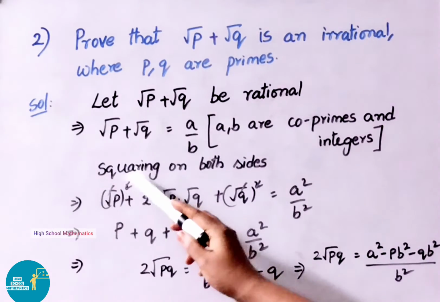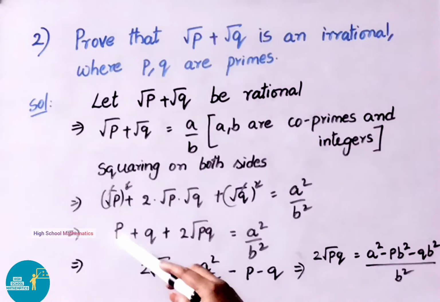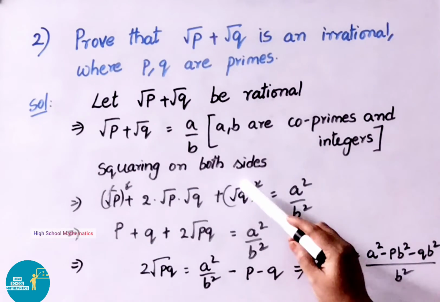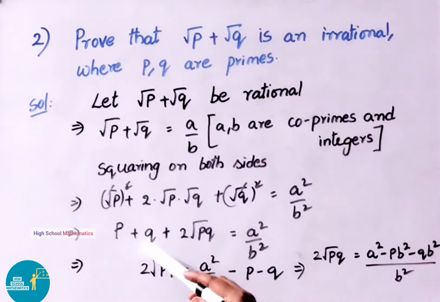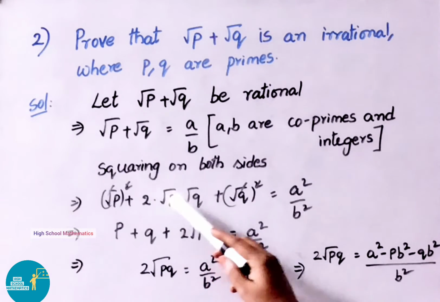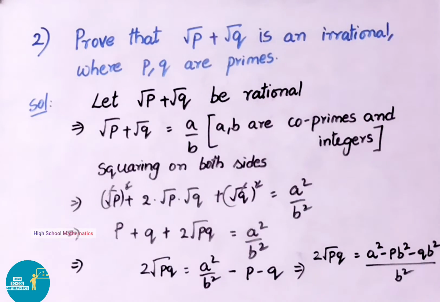Here square and root will be cancelled, so p plus q plus 2 square root of pq equals a square by b square.